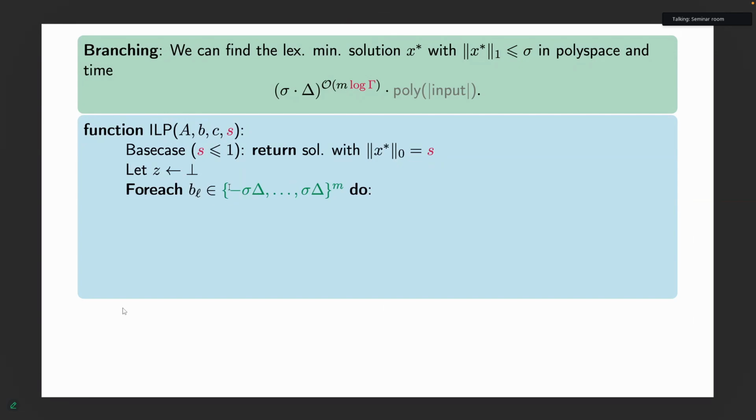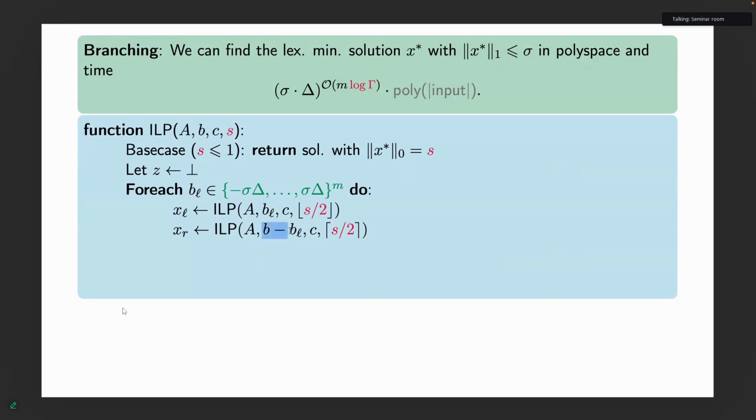I'm branching. There are this many possibilities, because the L1 norm of the solution vector is bounded by sigma, and the constraint matrix has entries bounded by delta. This is all the right-hand sides that there could be. And I'm going to solve recursively my ILP for this guessed BL and for the half of the support that I have guessed. And I'm going to solve the ILP for this right-hand side, B minus BL.